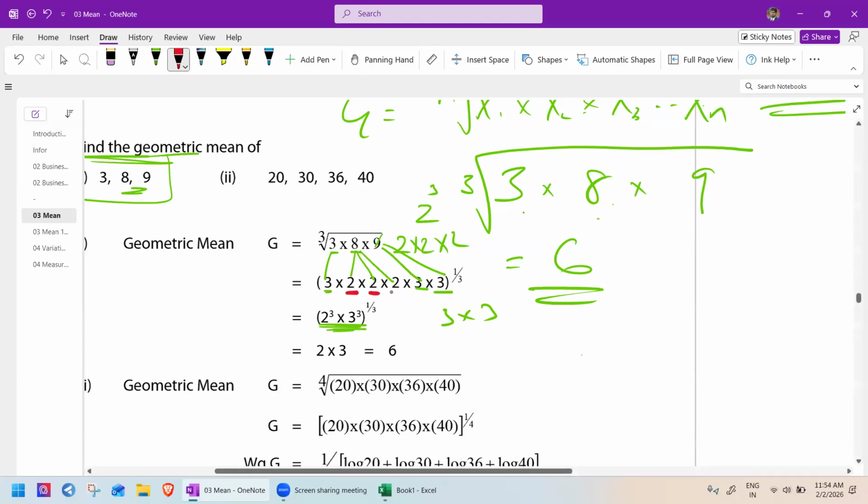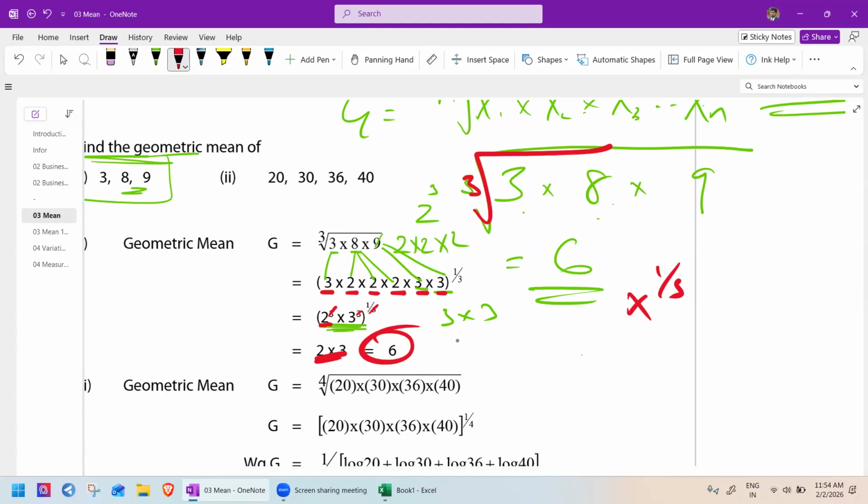So they write 2 to the cube and 3 to the cube, with a cubic root. Then they can cut this, and 2 into 3 is 6. You might have studied this in business mathematics in your first semester.